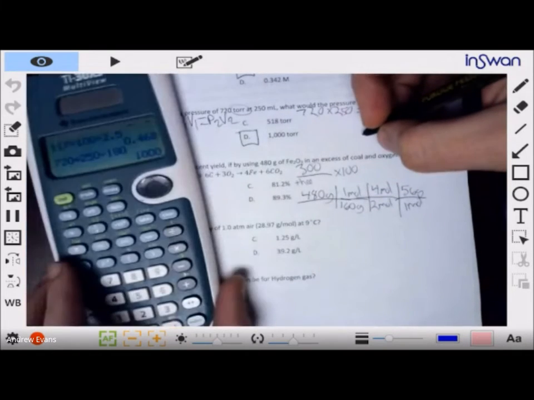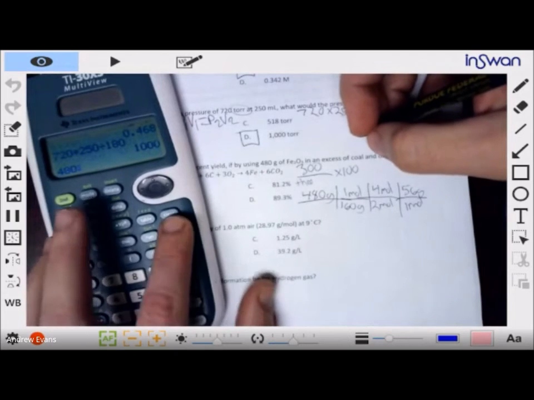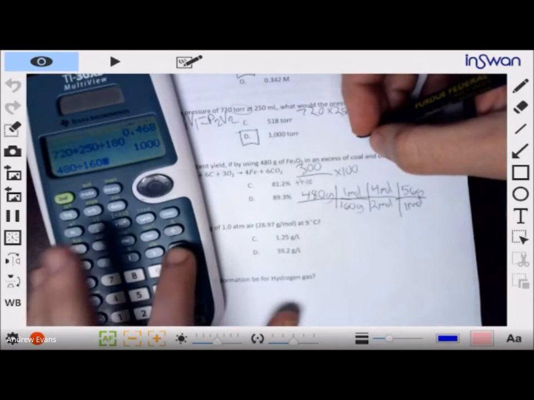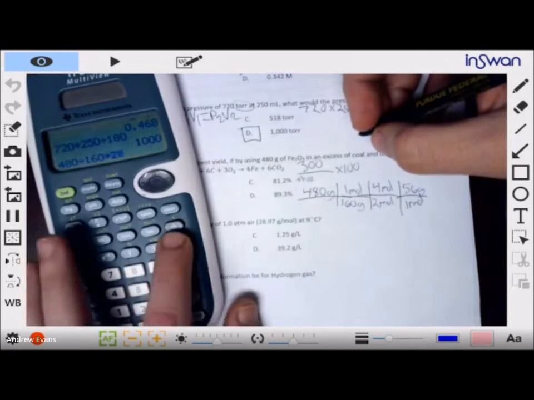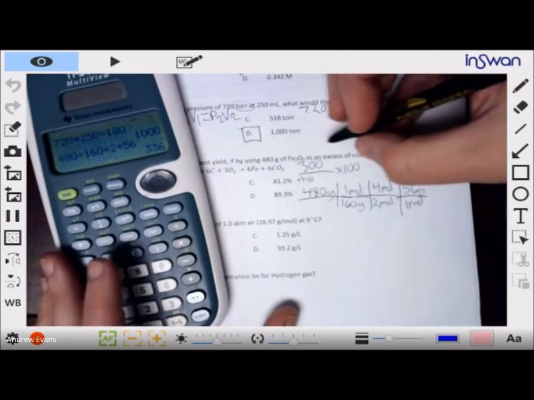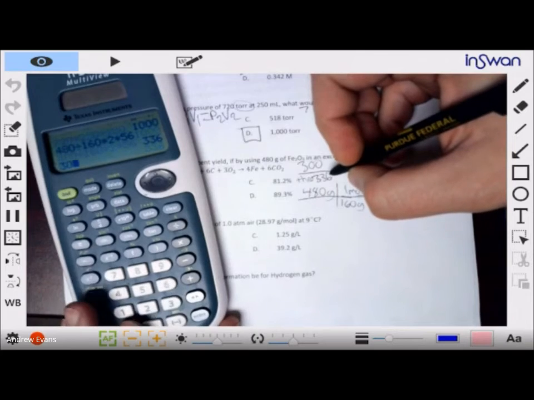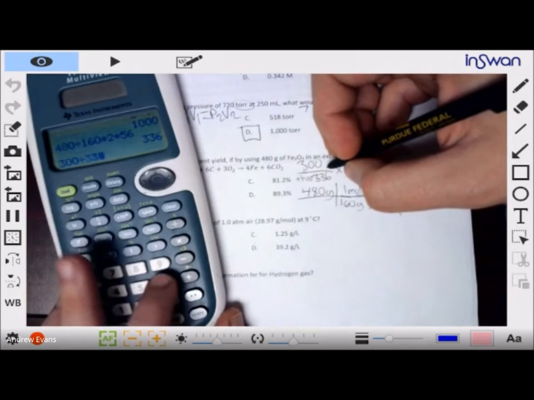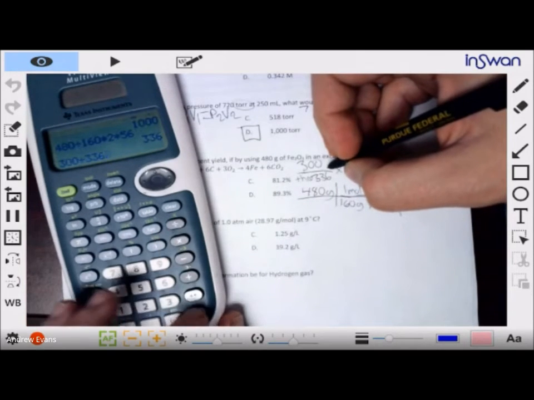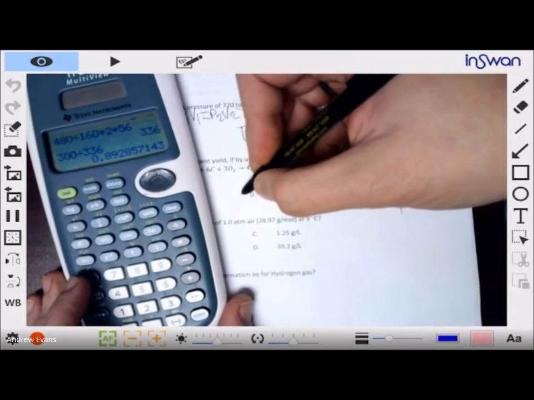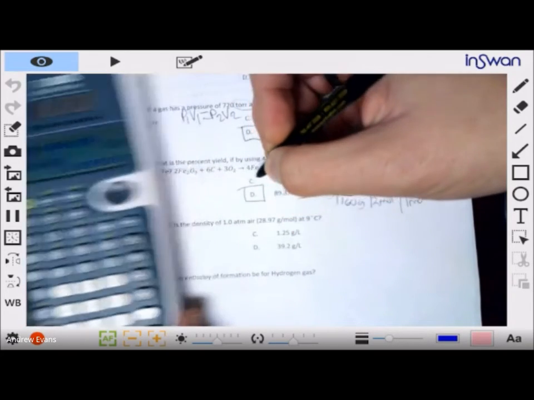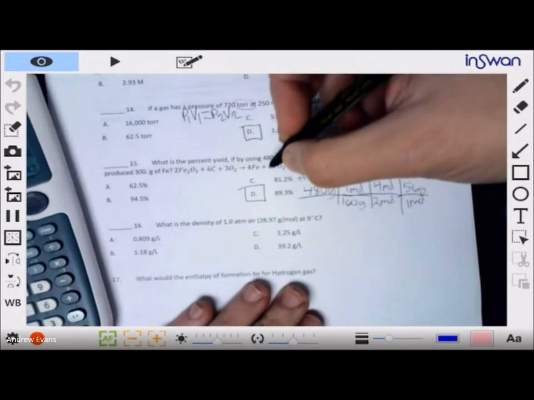So you do that, 480 divided by 160 times 4 over 2 times 56 gives us 336. 300 divided by 336 times 100 is 89.3. Answer D. So D and D.